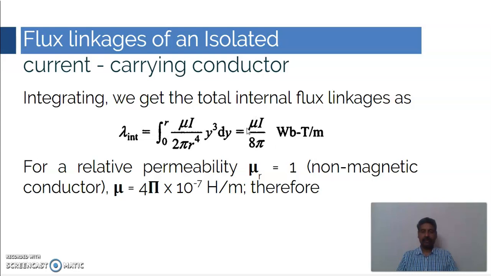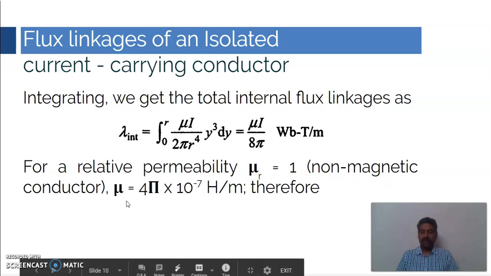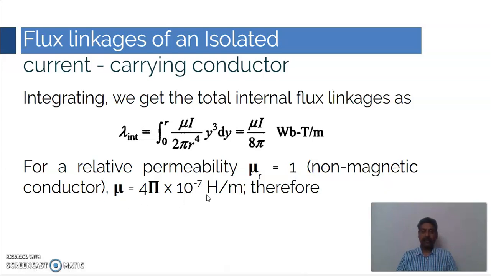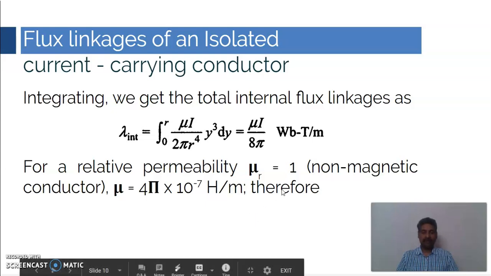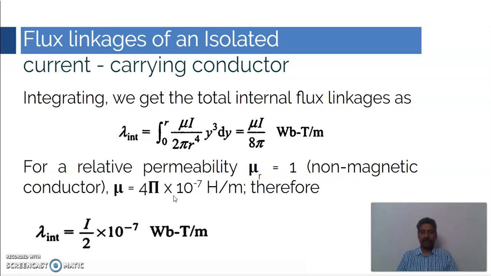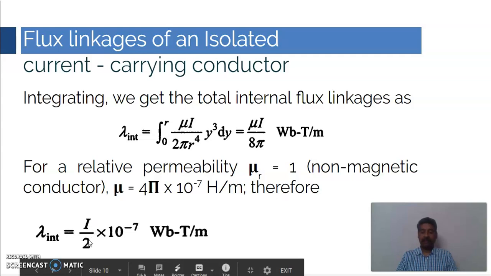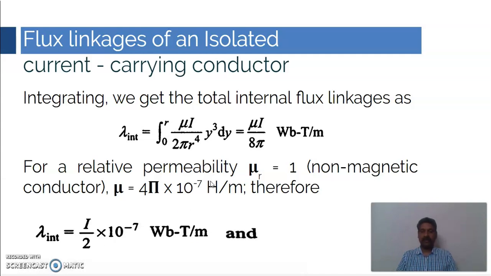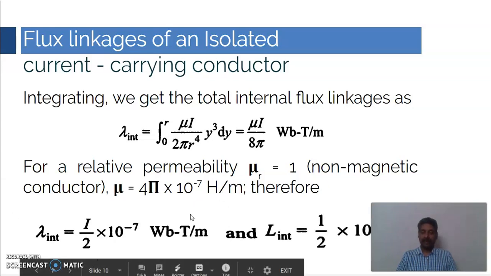Now the relative permeability can be considered as 1 if it is a non-magnetic conductor. So mu can be written as 4 pi into 10 power minus 7 Henry per meter. If you substitute this in the equation, the internal flux linkage will be I by 2 into 10 power minus 7 Weber turn per meter. For this flux linkage, if you calculate the inductance, what is the expression for inductance?